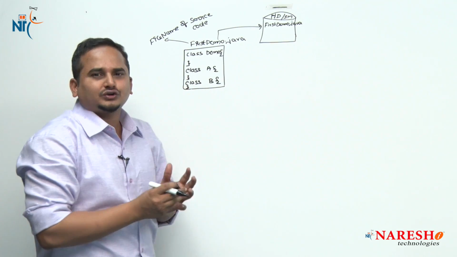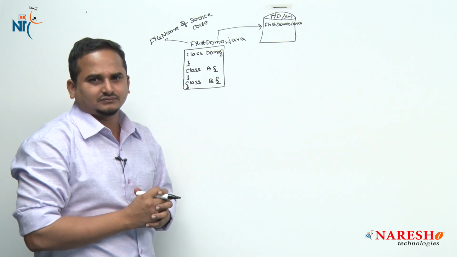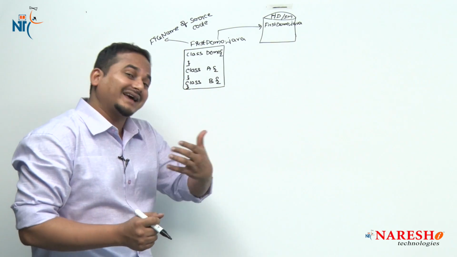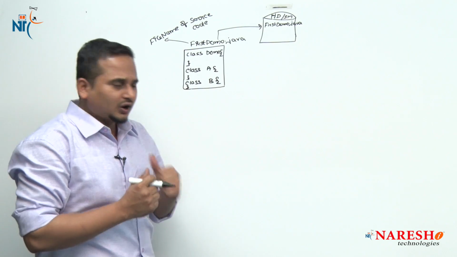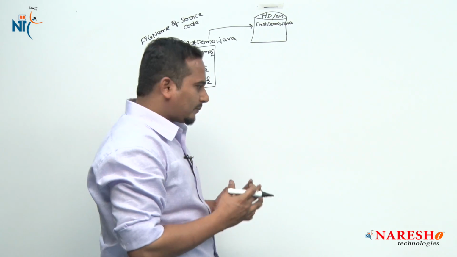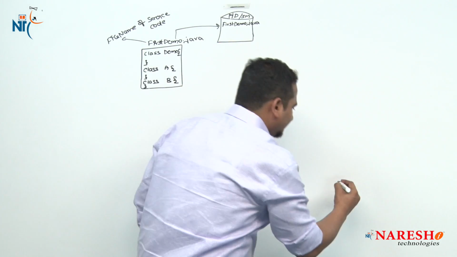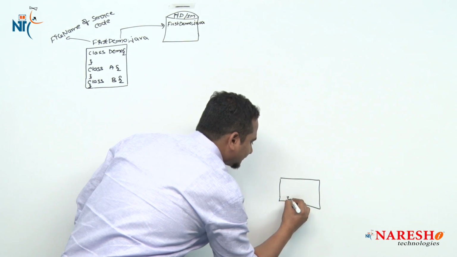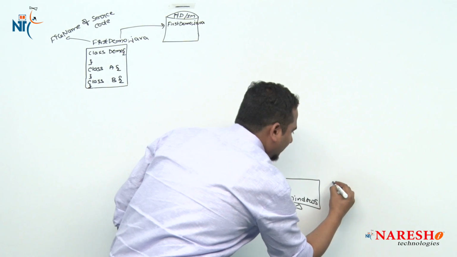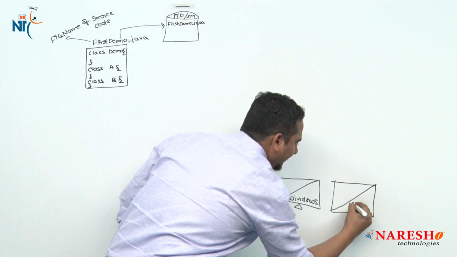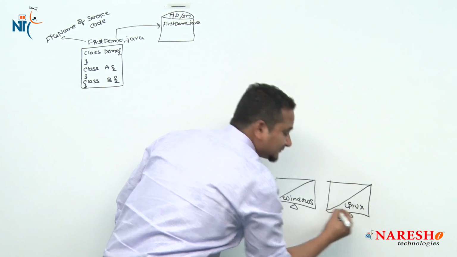If you want to execute this source code on the machine, definitely this source code is not understood by the machine. First we need to convert this source code to what? Executable code. Now I have different types of operating systems. Here I have one operating system like Windows. Here I have one more machine and it contains one more operating system like Linux.